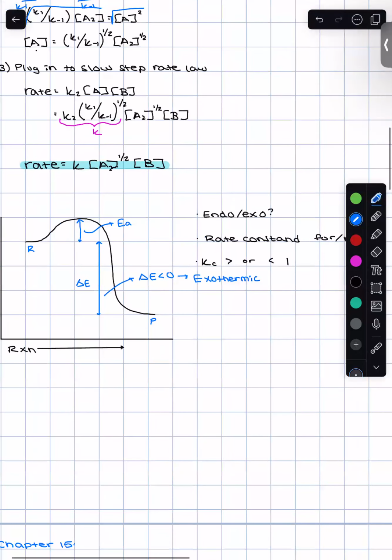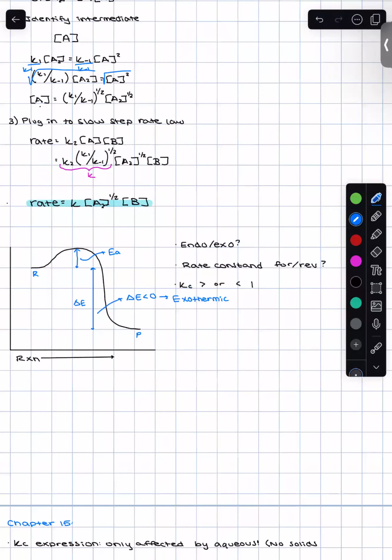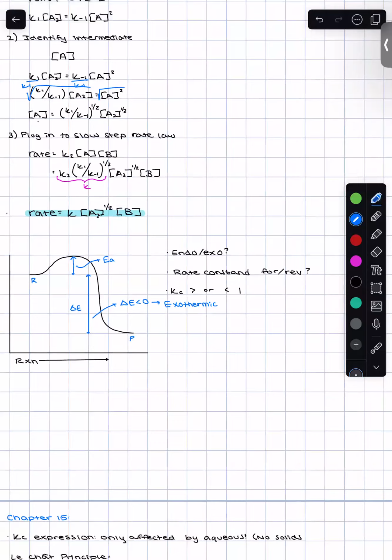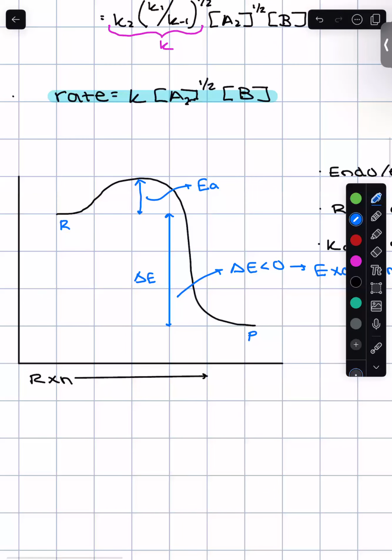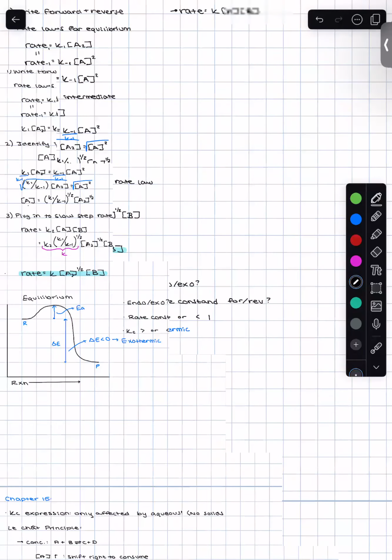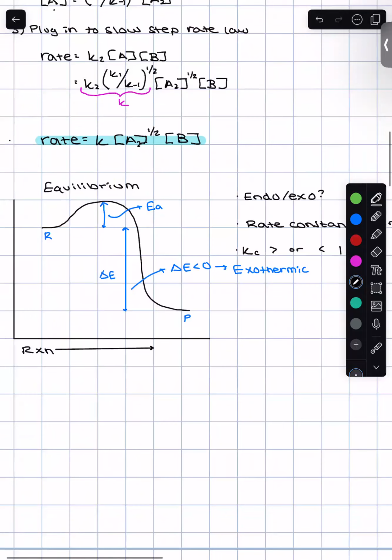Okay? I want you guys to think about the rates of reaction here, comparing the forward and the reverse rates. And I'm also going to tell you that this is at equilibrium. So we're going to play into our next part here. Obviously, at equilibrium, the rates are equal.